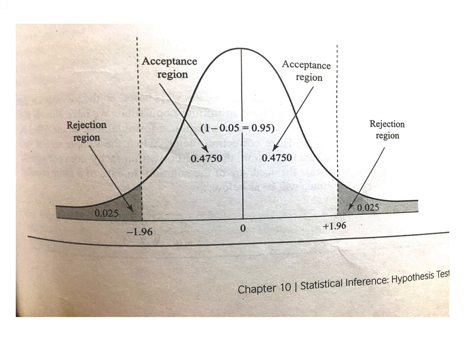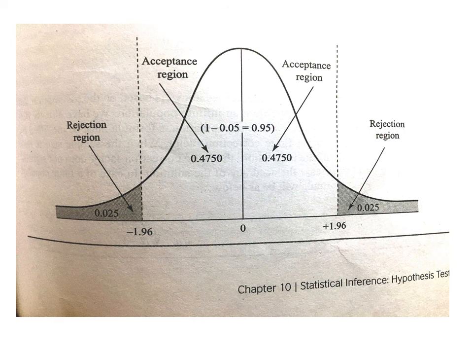Now this graph shows the acceptance region and rejection region. I had also discussed this graph in the two-tailed test in my previous lecture.